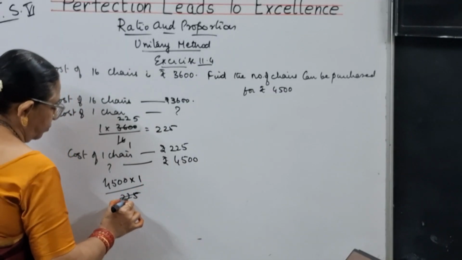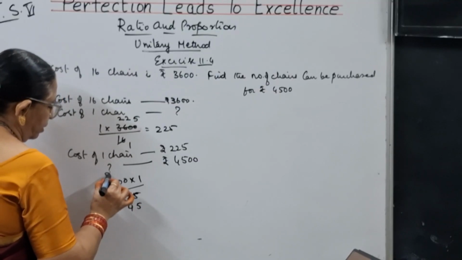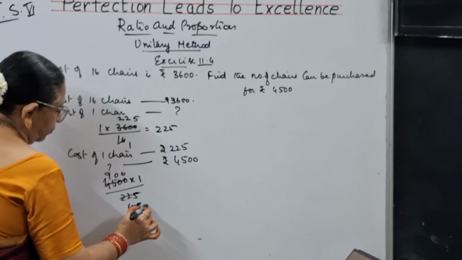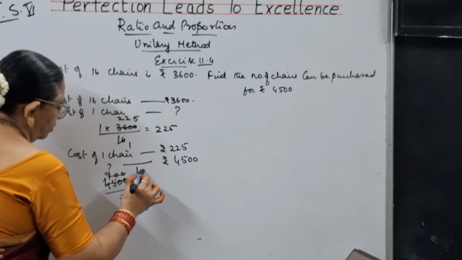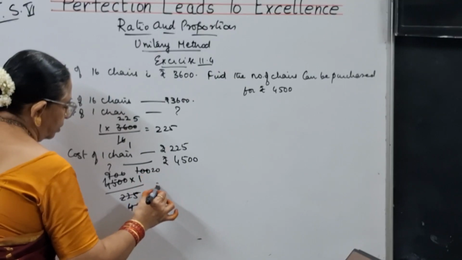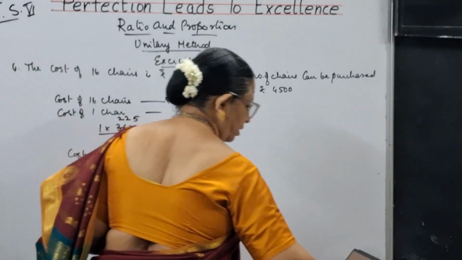So let us simplify. 5 fours are 20, 5 fives are 25, 5 nines are 45, 0 0. 9 fives are 45, 9 ones are 0 0. So 5 ones are 5, 5 twos are 0. So 20. Therefore, what will we be writing?